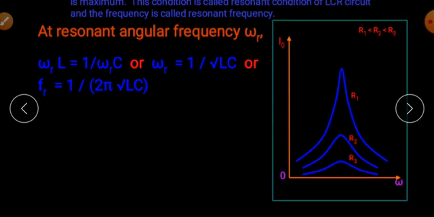As a series resonance circuit admits maximum current through it, it is called an acceptor circuit. This is I naught, I maximum, and this is omega R, the resonant frequency.